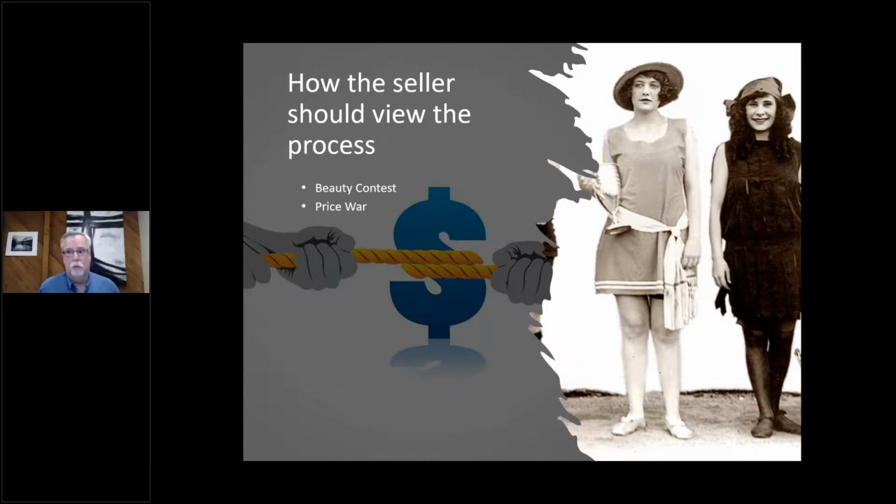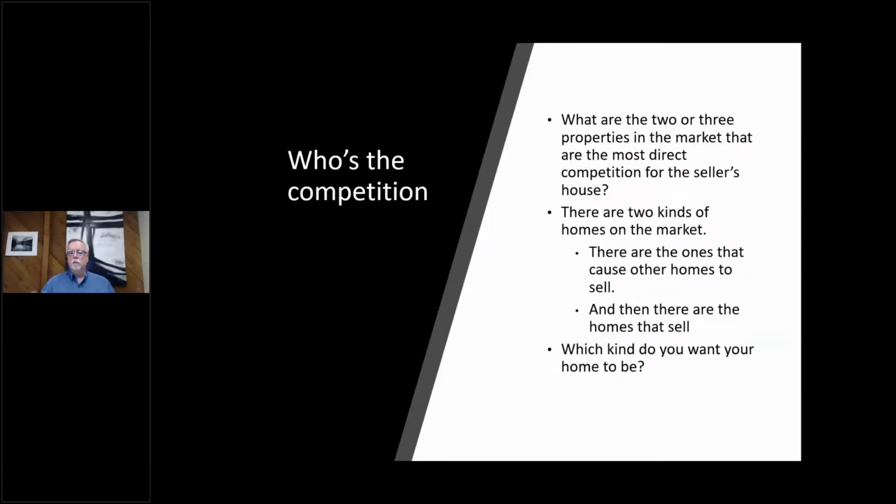And it's a price war. Because even though it's a seller's market and all that, there's going to be other properties that are going to want to undercut you so that they get the traffic, right? And what we need to do is to market the property in such a way that we are the ones that are getting the benefit of the competition.